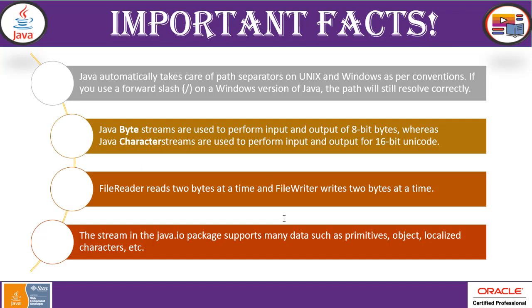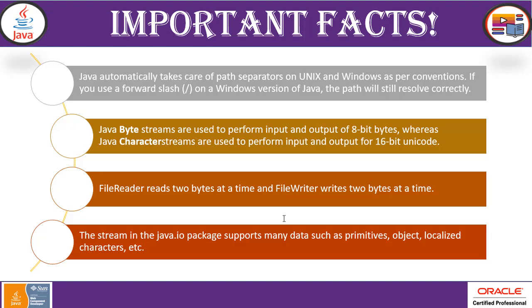Now let's see important facts. When it comes to Java file handling, Java automatically takes care of path separators on Unix or Windows as per convention. If you use a / on a Windows version of Java, the path will still resolve correctly.